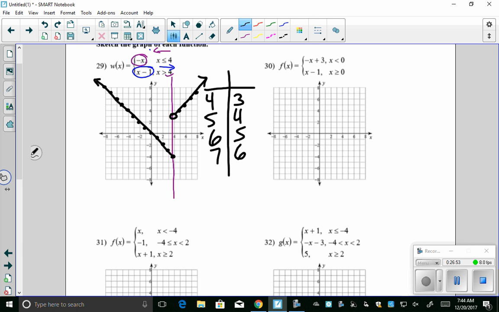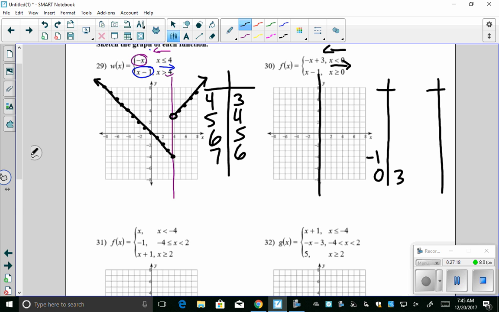Same thing for 30. I'm going to use 0 as my split. This graph is going that way. 0 plus 3 is 3.